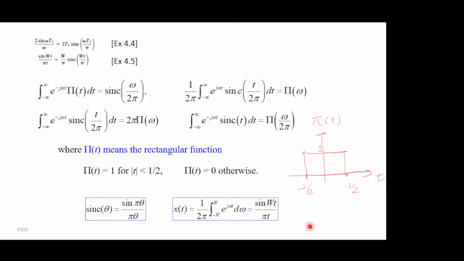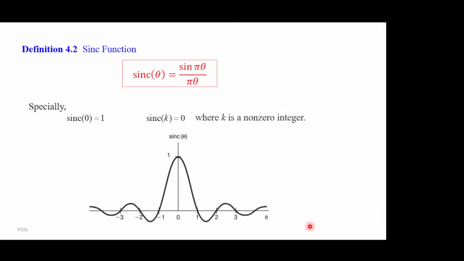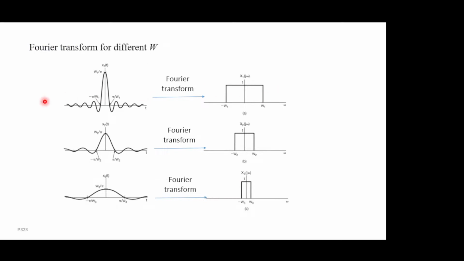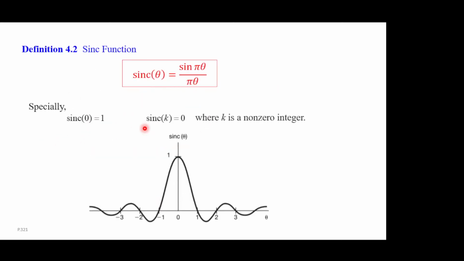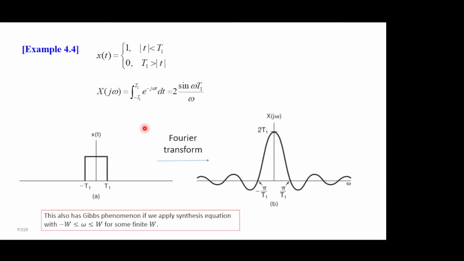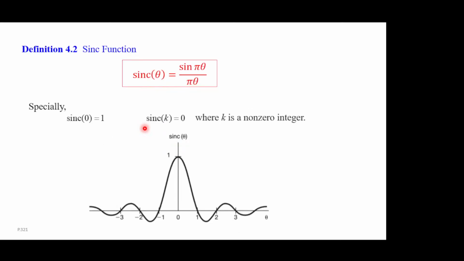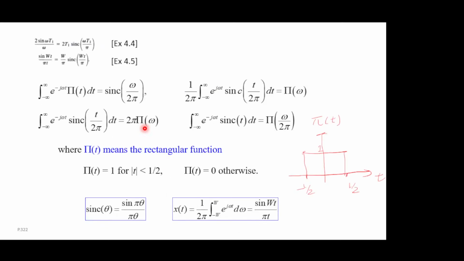So I guess the bottom line is that if you Fourier transform a sinc function, it becomes a square function, and if you Fourier transform a square function, it becomes a sinc function. And actually, the time domain and the frequency domain can be interchanged. But there will be some normalization difference you need to be careful about.